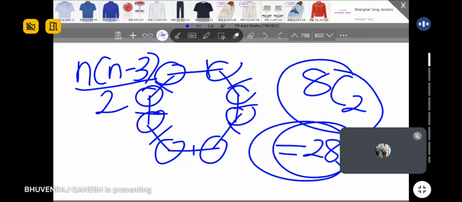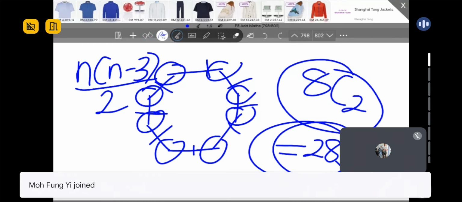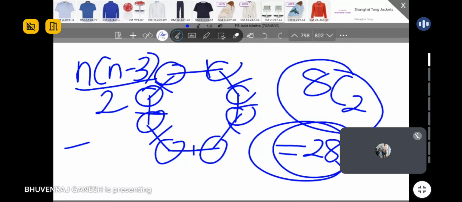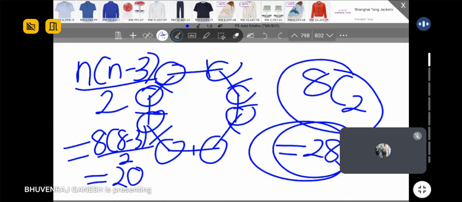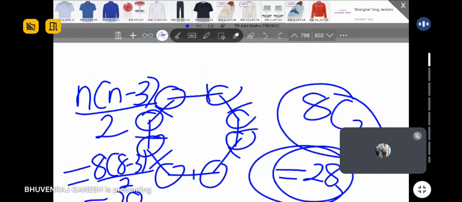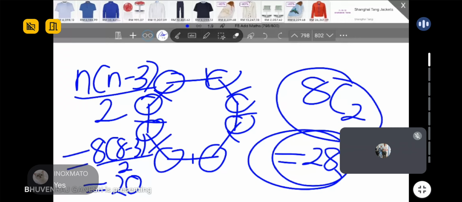So basically n mewakili bilangan sisi polygon, the number of sides of the polygon. So you just substitute only. If you do this method, you will get the answer of 20. Okay guys, are you clear? So sebenarnya kaedah ni guna rumus daripada pilih atur sahaja. They just modify the formula.